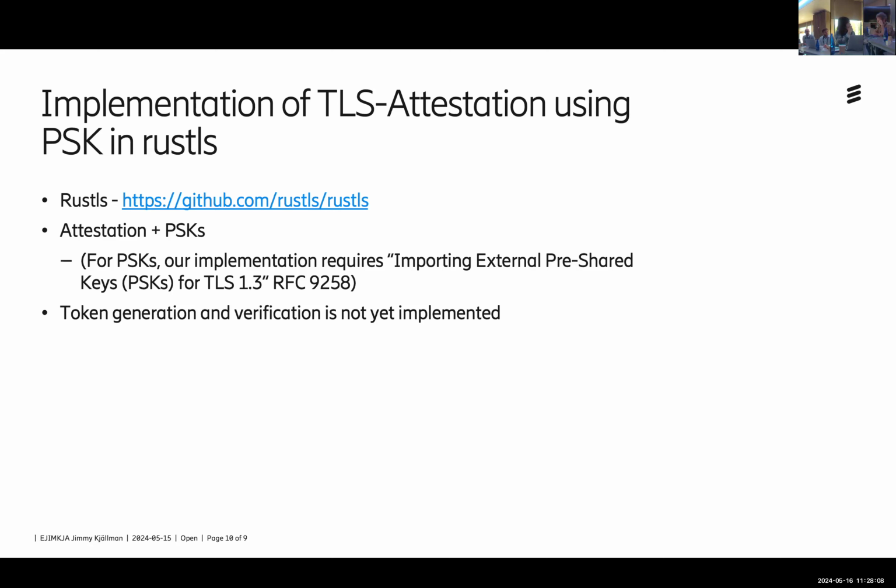It didn't have support for TLS PSK from before, so we added that. The detail here is that there is also an extension to the TLS 1.3 specification which specifies how to use these external imported pre-shared keys in a certain way, and we implemented this solution so that it actually requires it.